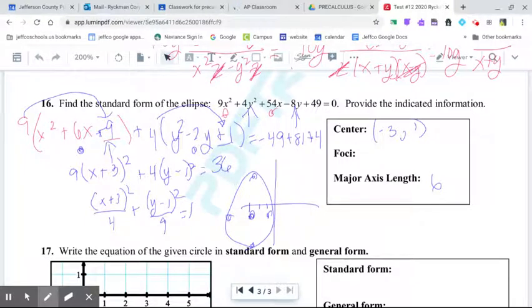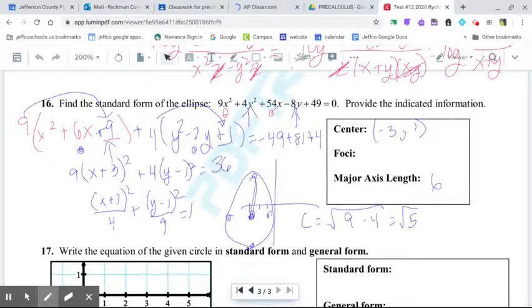It's vertical. Now, remember that in terms of finding the c, or the distance to the foci, c in ellipses is the square root of the difference between the two, not the sum. So it's 9 minus 4 square rooted, or root 5. Now the question is, which way do we go root 5?